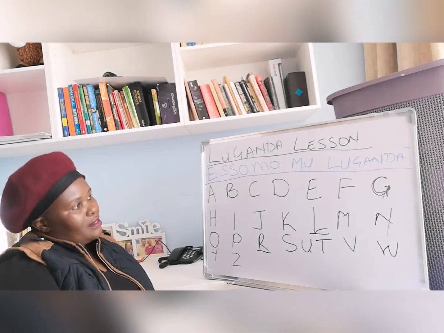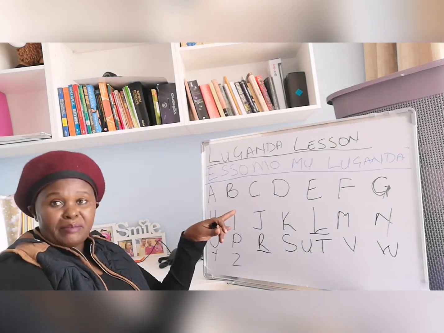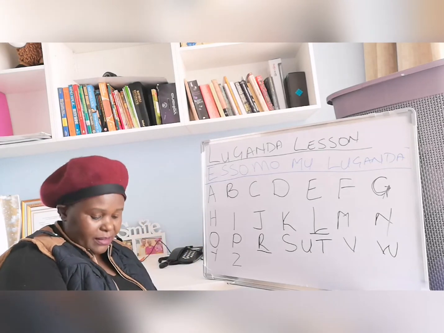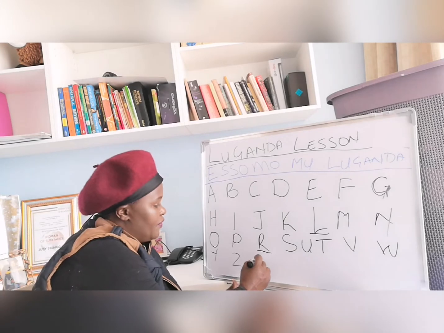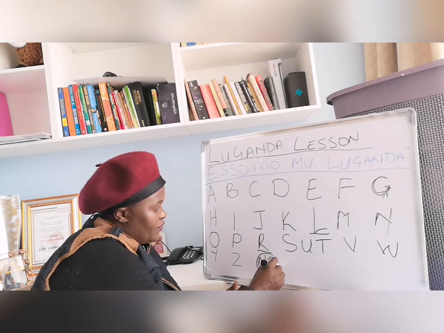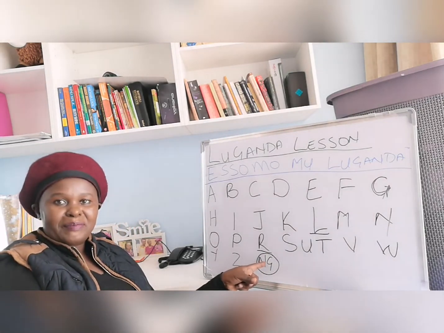So as you can see, we jumped X and Chu, because in Luganda we don't have X, we have Chu. Instead we have N and G. N and G, that's one letter, nga.